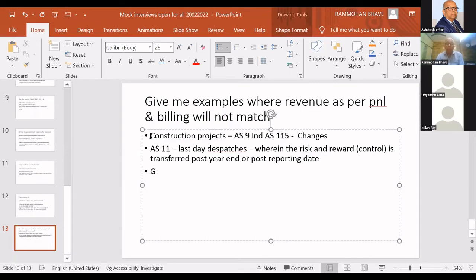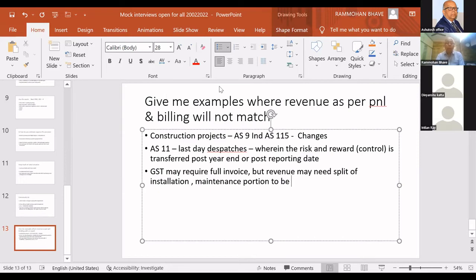Your GST may require full invoice, but revenue may need part delivery, or rather, let's say split of installation and maintenance portion, to be charged later in P&L.